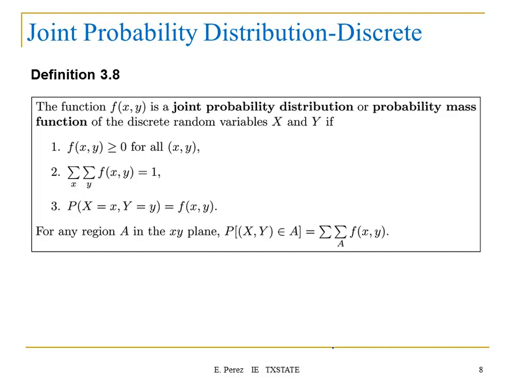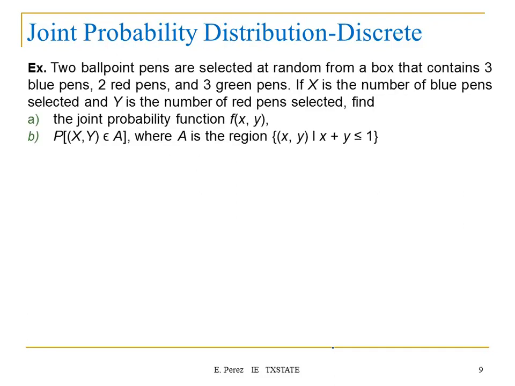So based on this definition, what are you going to be doing for the continuous? The double integral. Okay, so you better go back to your calculus textbook if you don't remember how to do double integrals, because we're going to use that. Okay, this is the formal definition stated for joint probability distributions, discrete case. Okay, so let's look at this example.